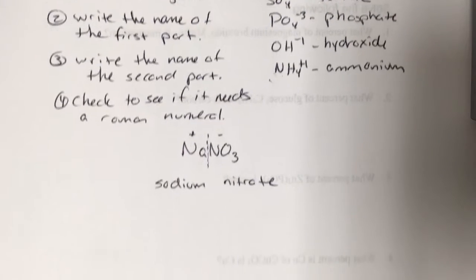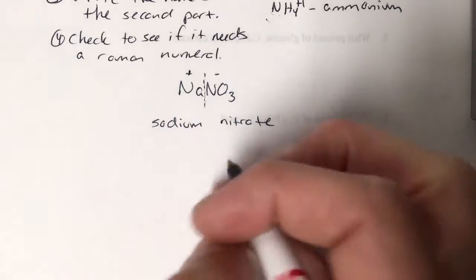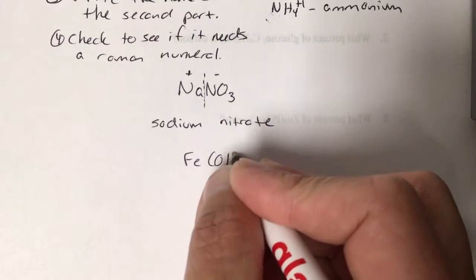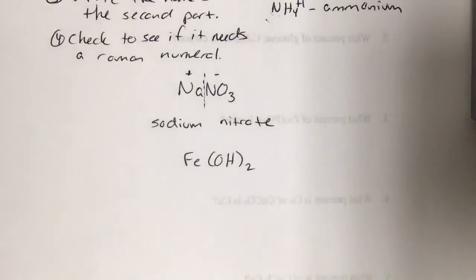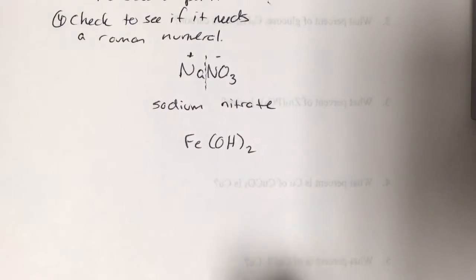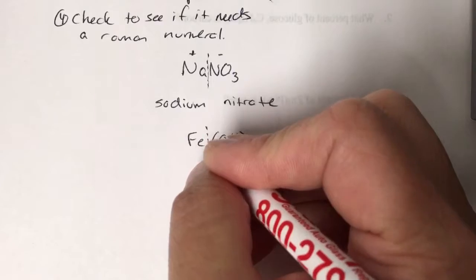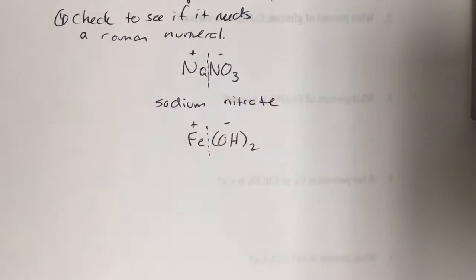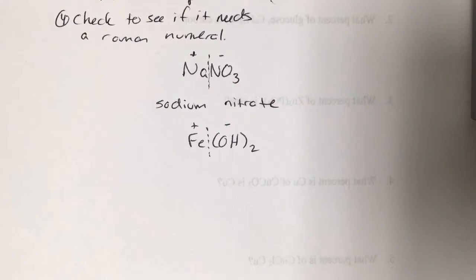Now we go to the other one, the Fe(OH)2. Again, we've got to split it into two parts, positive and negative. And again, most of the time the positive is going to just be the metal that's in there, just like it is here.